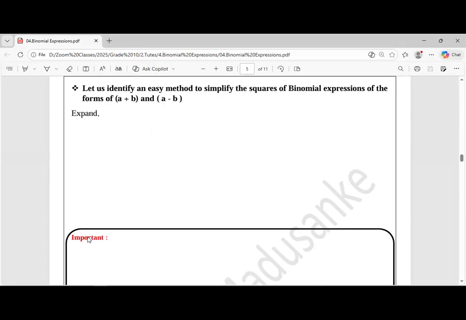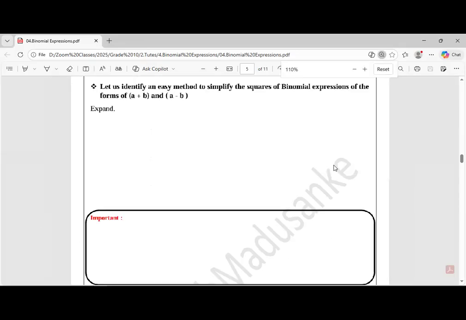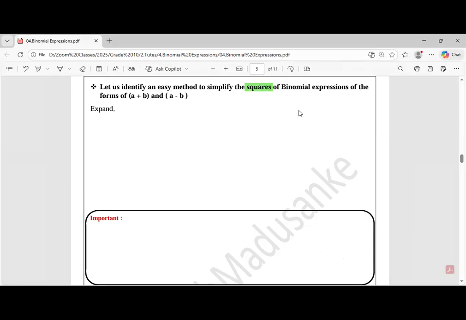Let us identify an easy method to simplify the squares of binomial expressions of the forms a plus b and a minus b.